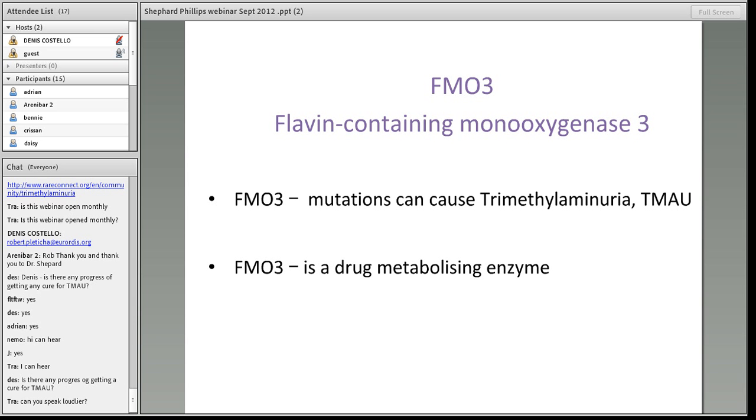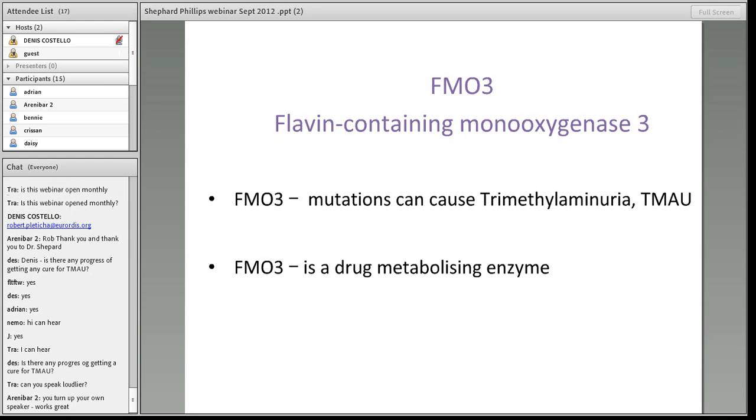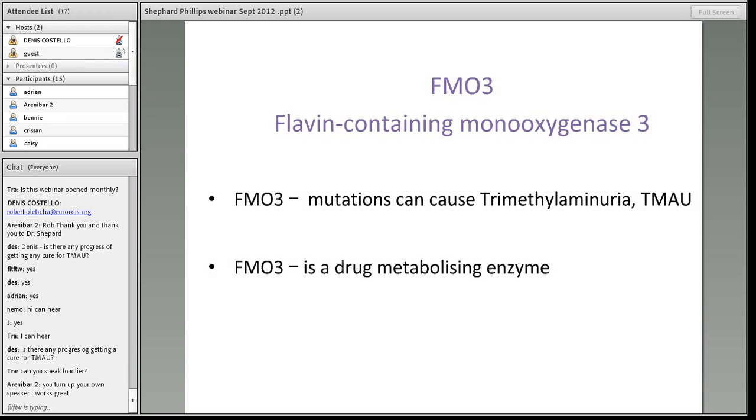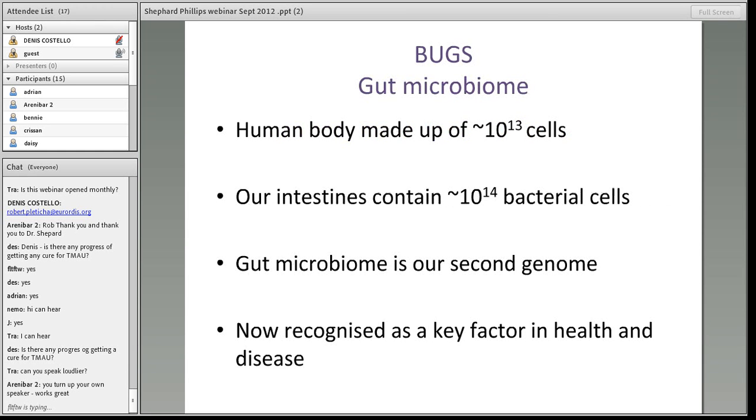And this is when we have the condition trimethylaminuria, when we have a compromised amount or activity of the FMO3 protein. Now, in the first part of the talk, I'm going to talk about trimethylaminuria, but FMO3 does much more than that, and it also has a role as what we call a drug metabolizing enzyme. And in the second part of my talk, I'll talk a little bit about how it plays a role in drug metabolism.